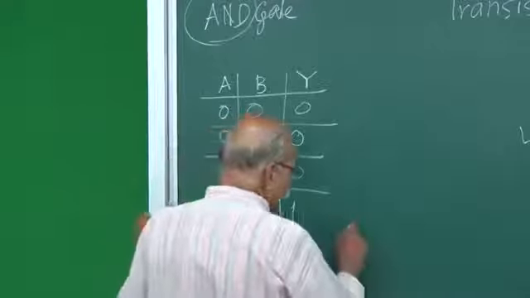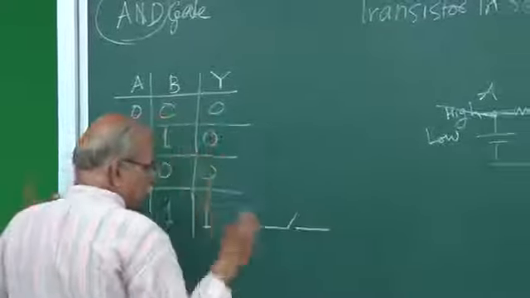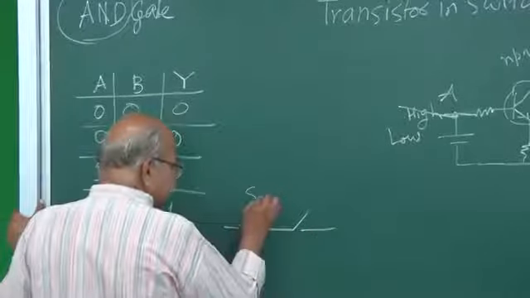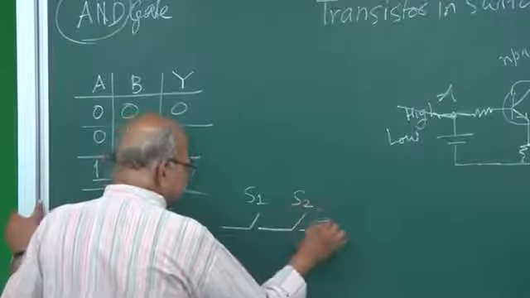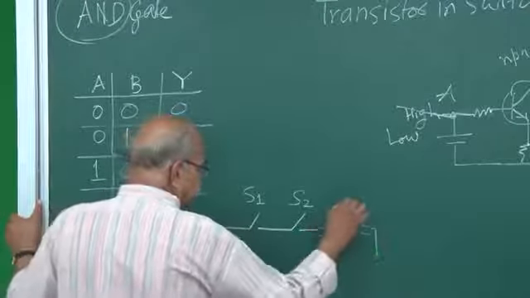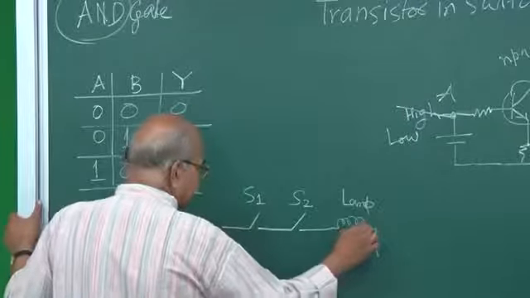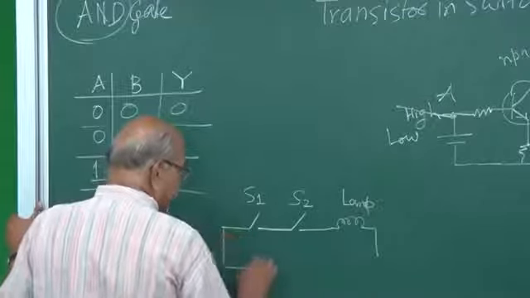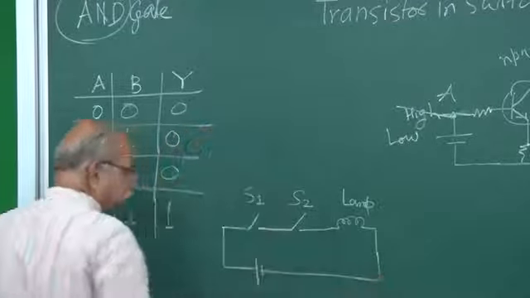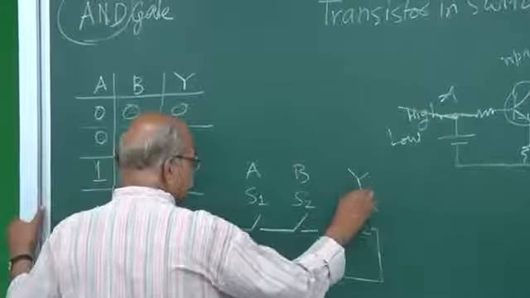You can have 2 switches as inputs, and a lamp as the output, and then an appropriate battery or power source. You can treat this switch as A, this as B, and the lamp as Y.